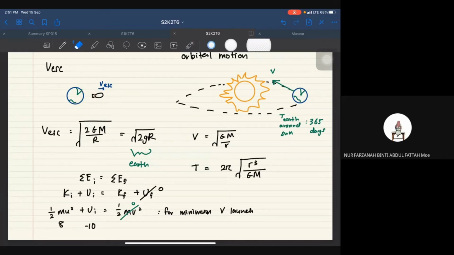Kalau dia lebih, ataupun dia betul-betul sama, exactly the same, so this one becomes 0 kan? That's why this one becomes 0. So this is the minimum required. So this is the V escape. Kita tak ada U lah, launch punya velocity ataupun V escape. Kalau dia lebih, let's say this one is 12, so you have 2 joule over here. Okay, so it depends on the questions lah. Most of the time, dia akan tanya yang ni.